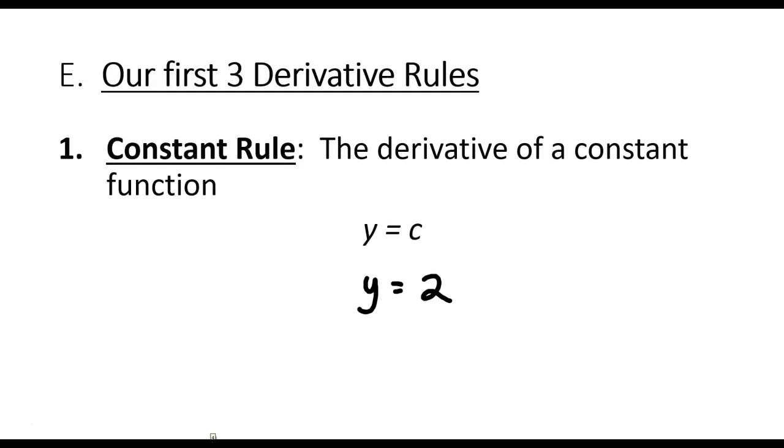Now, my goal is I want to know, what is y prime? Well, it helps if you remember what y prime is. What is y prime? Well, y prime is the instantaneous rate of change, also known as the slope of a tangent line. So this one's really kind of simple to see what the derivative is if you just know what the graph of this thing looks like.